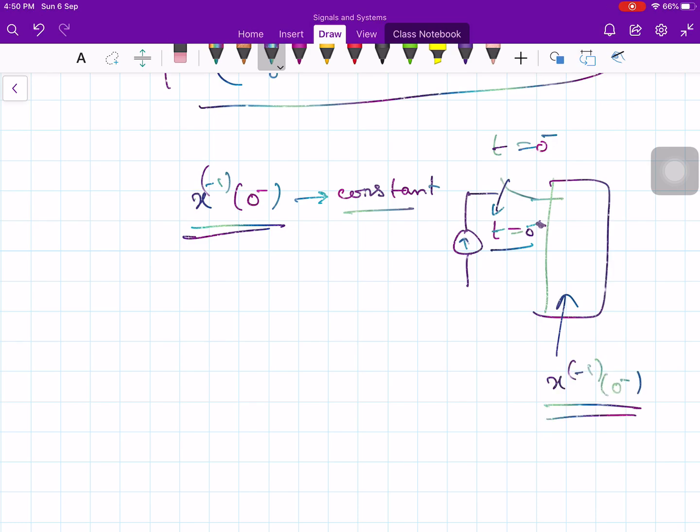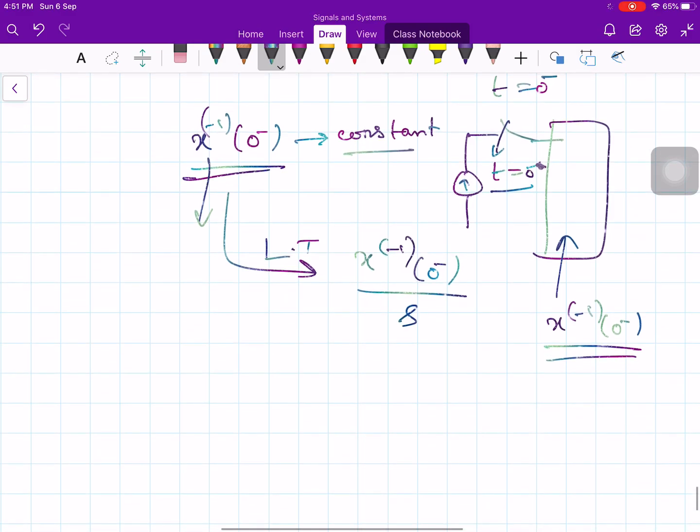So if you take the Laplace transform of a constant, you get x to the minus 1 of 0 minus divided by s. A constant will be multiplied by 1 over s if you take the Laplace transform.